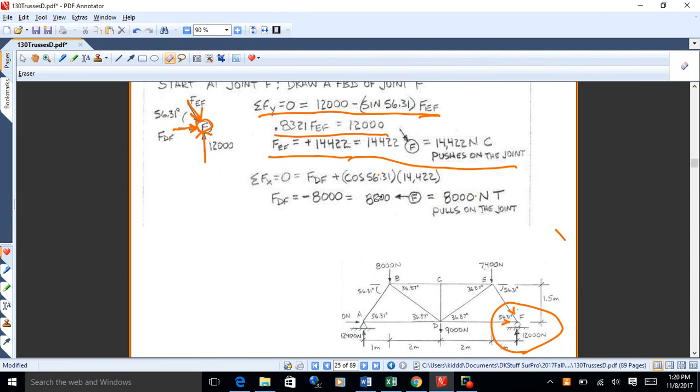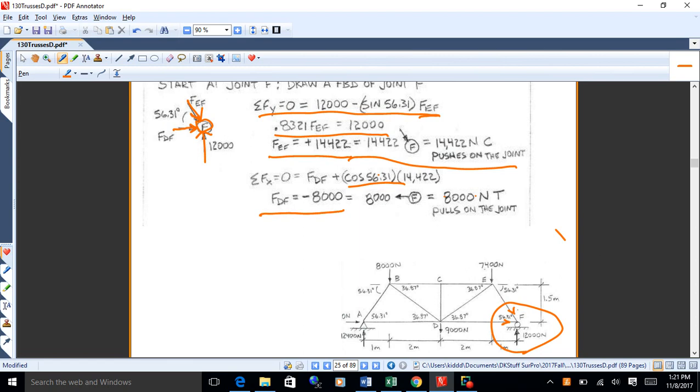Okay. So once I've got that, I go to sum of Fx, set that equal to 0. I got FDF to the right, as I have it drawn, plus cosine of the angle times the now known 14,422. So cosine 56.31 times 14,422. I'll solve for FDF, and that'll equal negative 8,000.